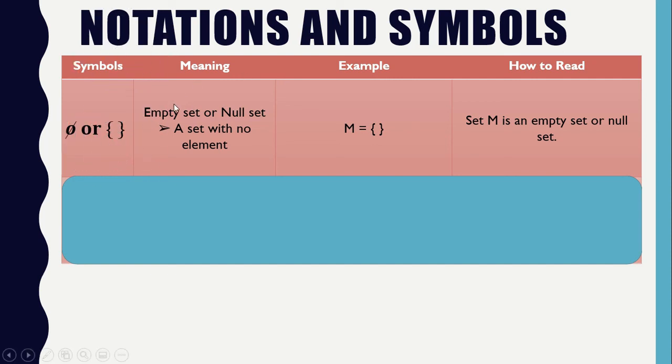That is the symbol for empty set or the null set, which is actually a set with no element, walang laman sa loob. Walang imposibleng laman. So take for example, set M is equals to, ayan lang, open and close braces lang. Therefore, null set, walang lamang element sa set M. And how to read? Set M is an empty set or a null set.